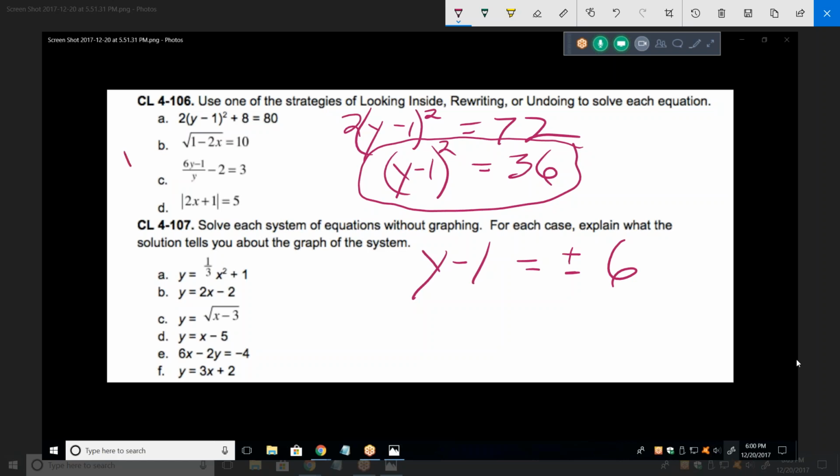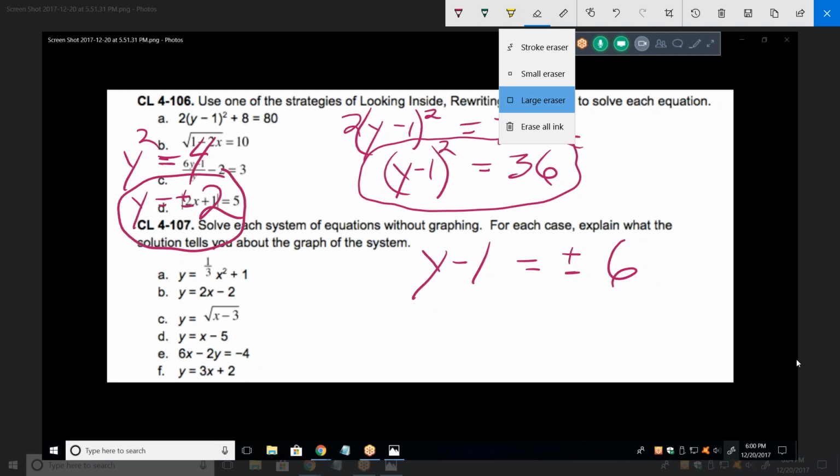If I told you that y squared was equal to 4, then y is plus or minus 2. And notice why. Minus 2 works. If you square minus 2, you get positive 4. So when I say y squared is equal to something and I take the square root of both sides, it's always got to start with plus or minus.